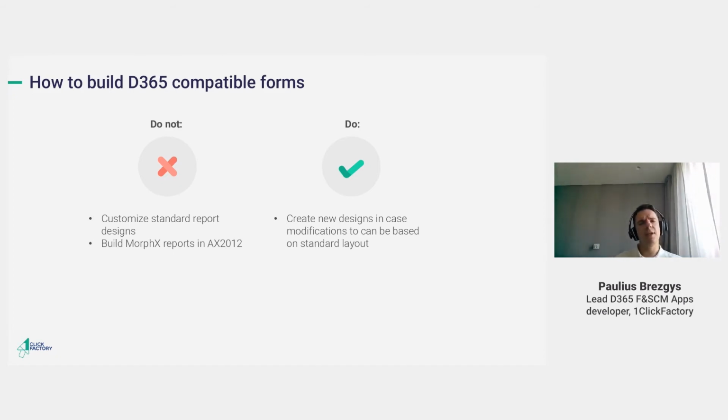So if you are running right now on AX 2012 and you have to build some reports, try to avoid using those Morphx reports, because you will not be able to migrate that to Dynamics 365 in any way. Morphx reports are no longer supported in Dynamics 365. They are also somewhat obsolete in Dynamics AX 2012, but they were still allowed for some reasons.